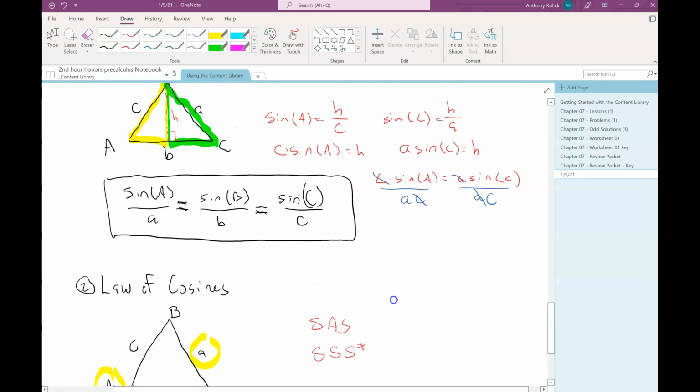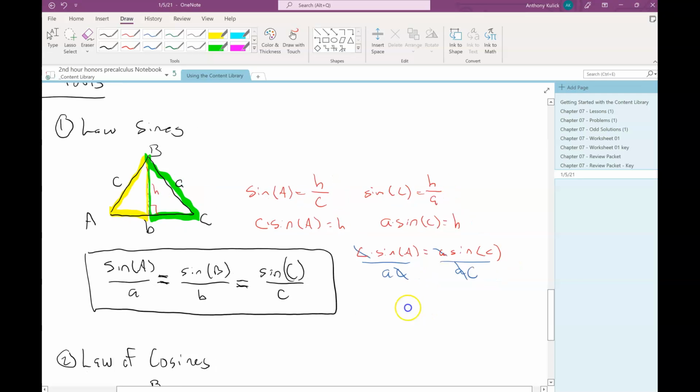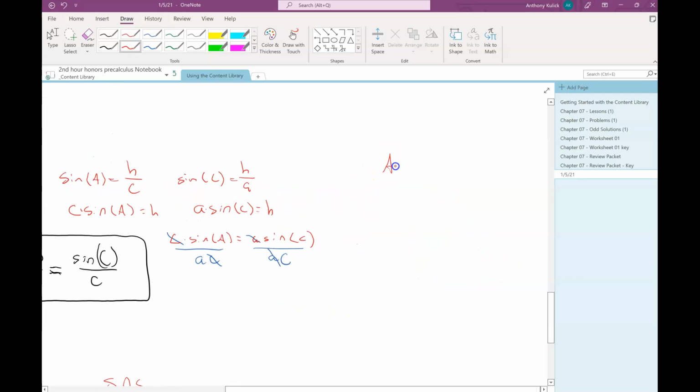And in the law of sines situation, we'll do that if we have angle, side, angle, angle, angle, side, and then also if we have a side, side, angle situation. I'm going to put an asterisk there because, again, we have to be careful because some weird things can happen.